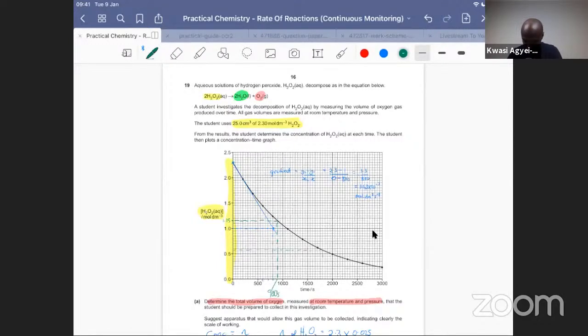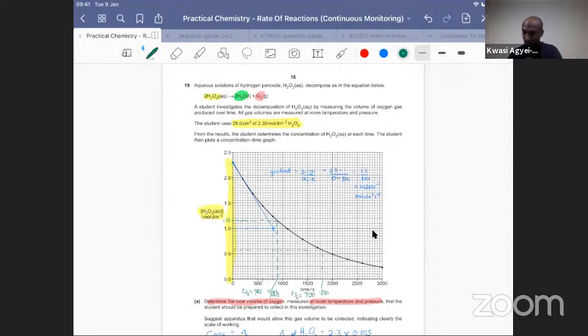And if we drop down, we're now at 1800 seconds. So the first half-life, T half, is equal to 900. The second half-life, T half, is also equal to 900.